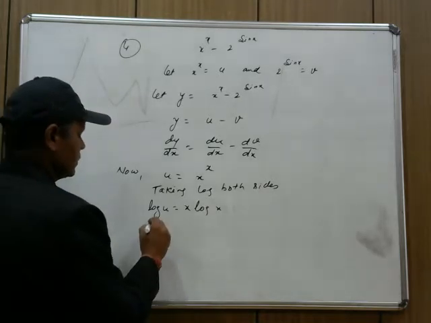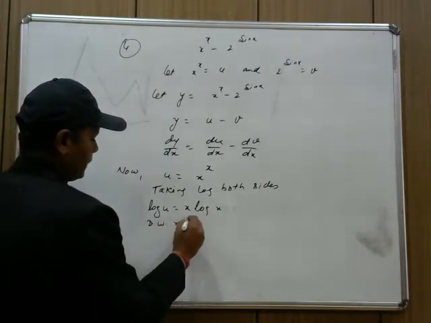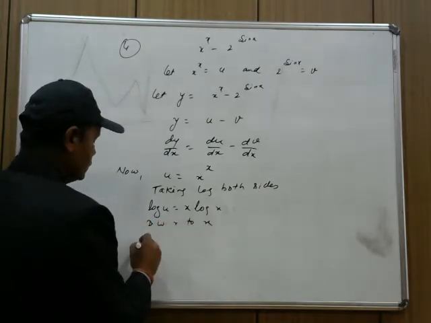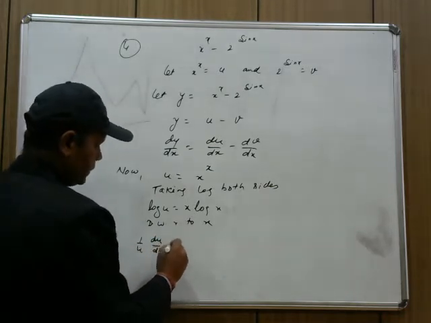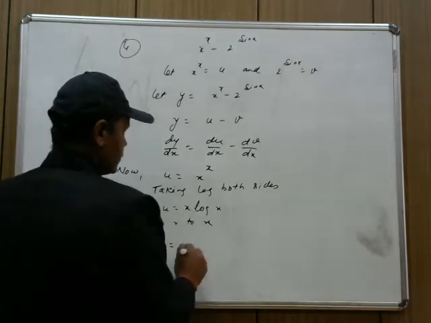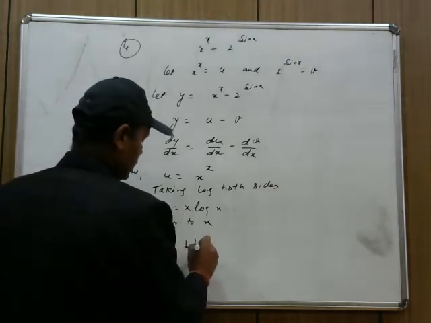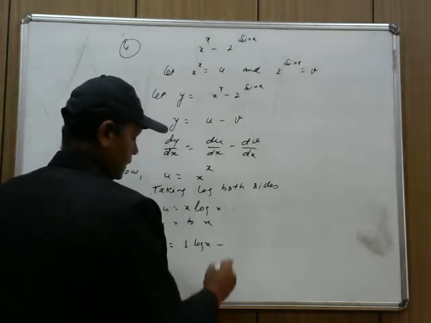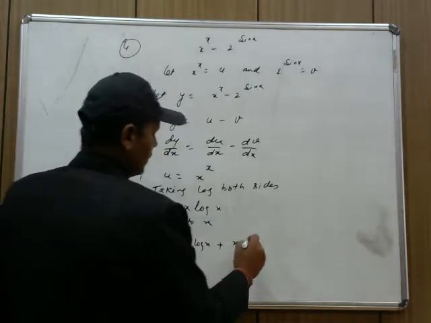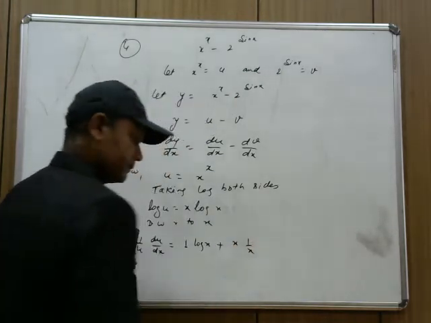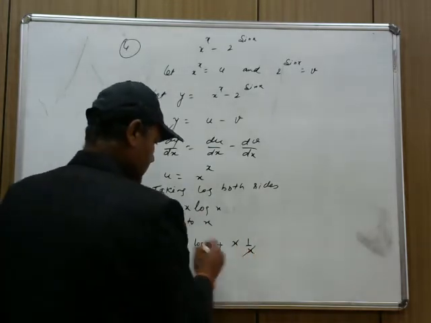Now differentiating with respect to x. Log u gives 1 by u into du by dx, is equal to differentiation of x is 1, log x as it is, plus x as it is, differentiation of log x is 1 by x. This x and x is cancelled.